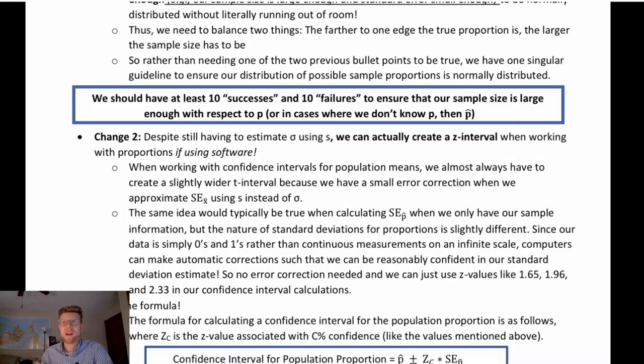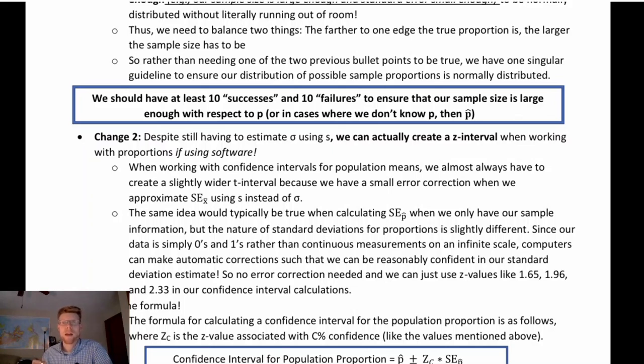The amount of error when working with an approximated standard error for p hat is rather small, and it's easy to correct for. Because we're working with proportions, sigma is always bounded between 0 and 0.5. We often don't have a lot of error using S as an estimate. It's going to be pretty close.